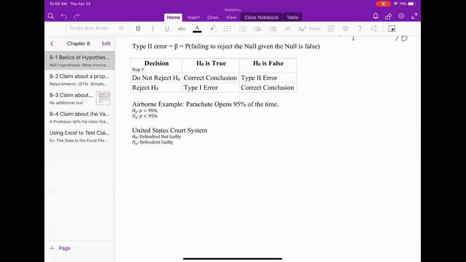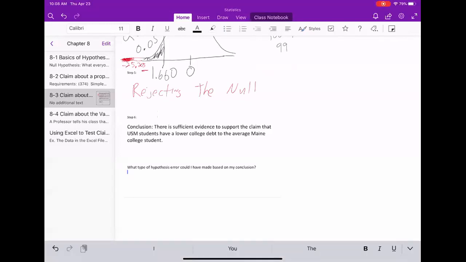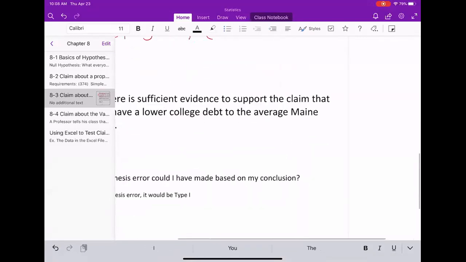So if we made an error, we made a type 1 error. And again, you do not know, that's what's so weird about these errors. But if we did make a hypothesis error, it would be type 1. Why can't I type it? Oh, because I'm zoomed in so much.